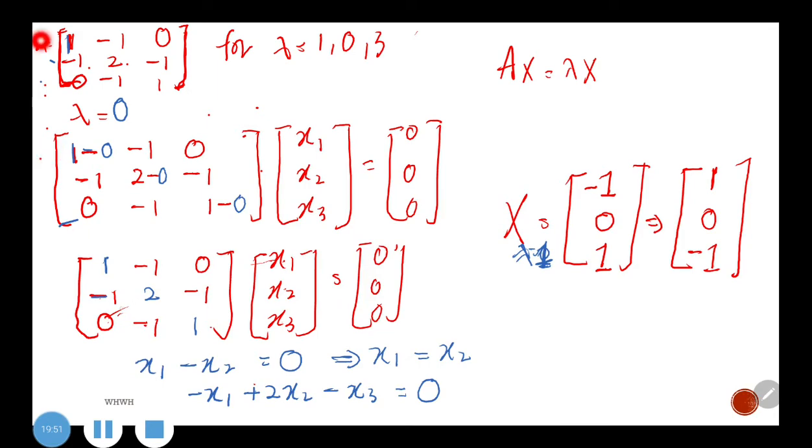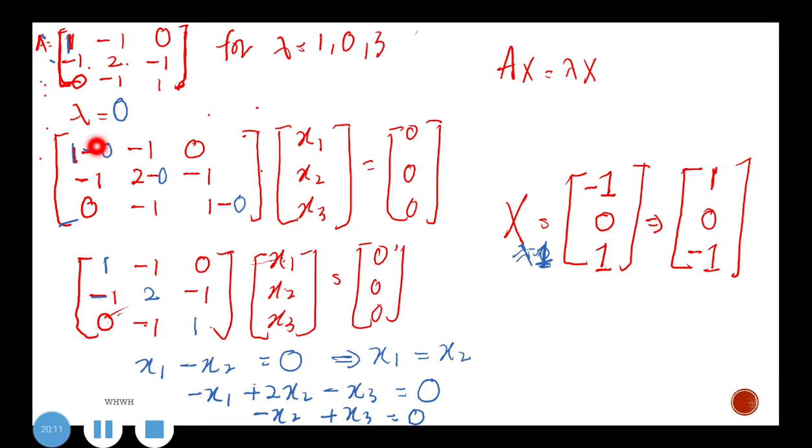Menarik sikit kan. And then the third one will give us 0 times x1 is 0, then minus x2 plus x3 equals to 0. Okay.